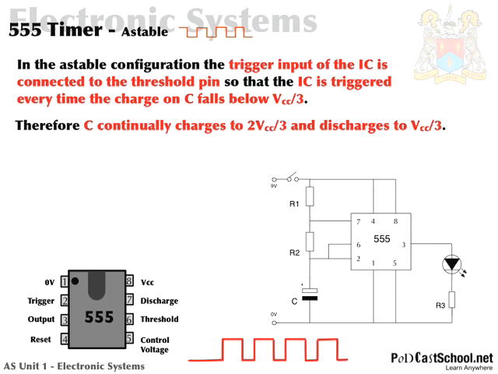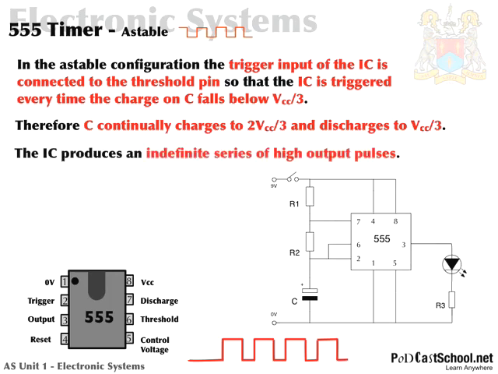If you can remember back, at that point the input resistance flips over, and the capacitor begins to discharge through pin 7, and it will do that through R2 as well this time. Then, as soon as that happens, we're back in a loop, and the voltage will fall to again 1/3 of the supply, and the circuit will once again be triggered, and so on and so forth. So it will happen repeatedly.